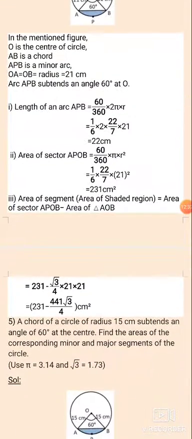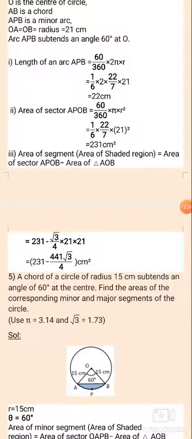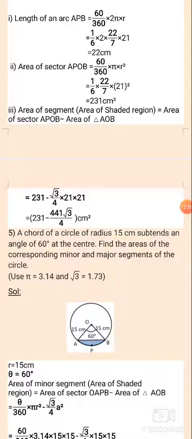Now the last question, listen. A chord of a circle of radius 15 centimeter subtends an angle of 60 degrees at the center. Find the areas of the corresponding minor and major segments of the circle. Minor and also major segment. Okay. Use pi is equal to 3.14 and root 3 is equal to 1.73.